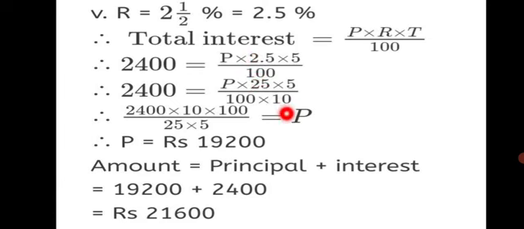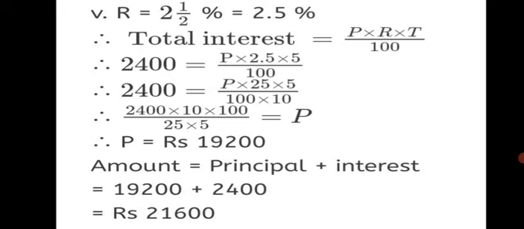Now shift all the values to the left except for P. So P is equal to 2400 into 10 into 100 upon 25 into 5. P is equal to rupees 19,200. Now we got the value of principal. So we can easily find the amount. Amount is equal to principal plus interest is equal to 19,200 plus 2,400 is equal to rupees 21,600.